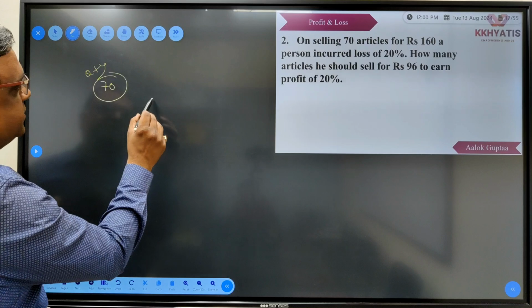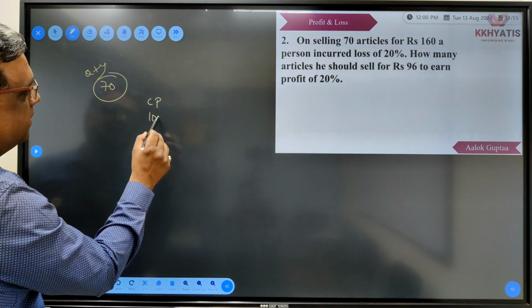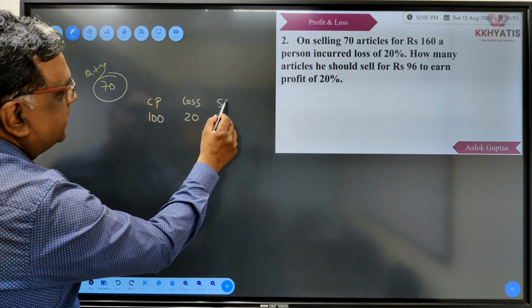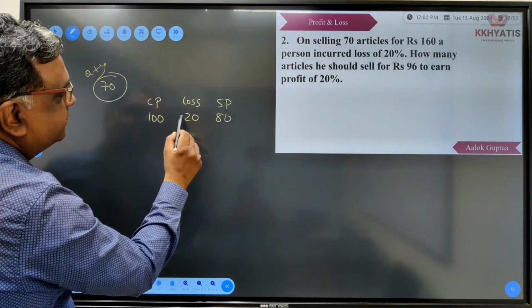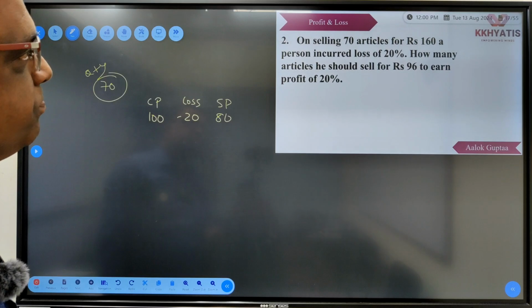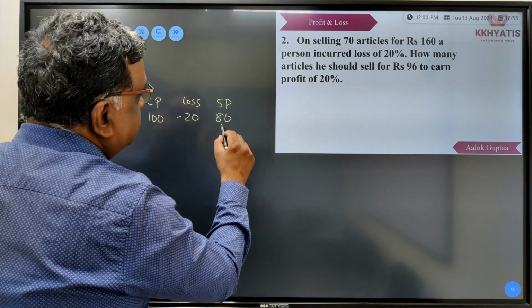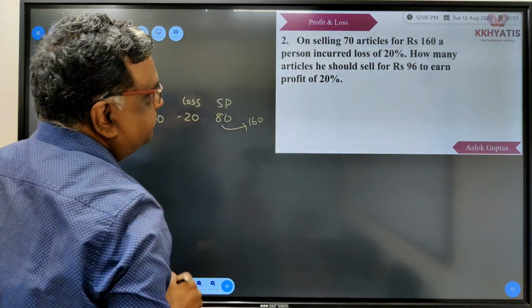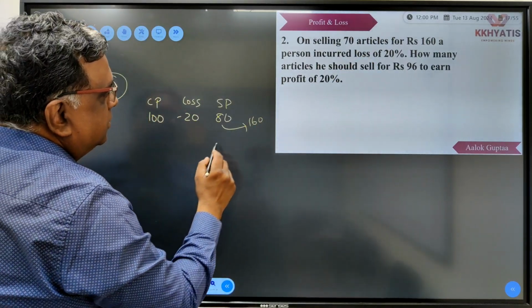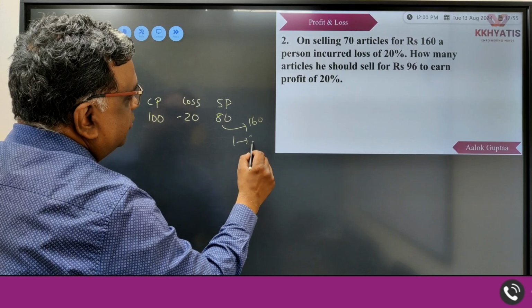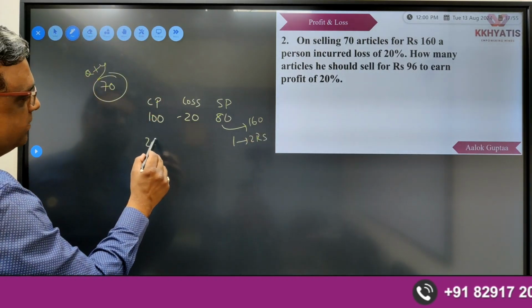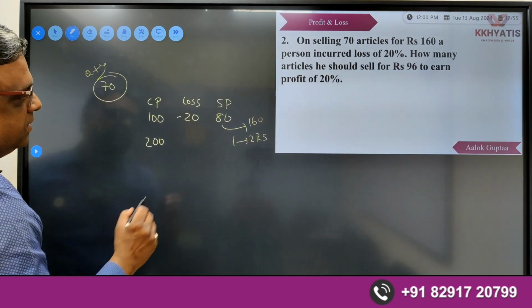So if CP was 100, there is a loss of 20, which means my SP is 80. Correct? The value of 80 is given to be 160. SP is 160. So the value of 1 is 2 rupees, which means my cost would be 200, right?